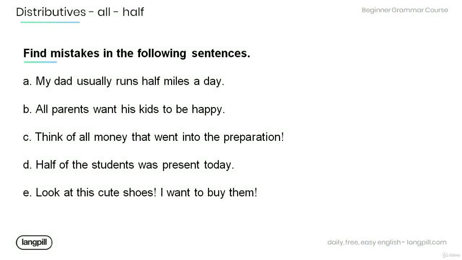Now time for you to practice on your own. Read the following sentences and find mistakes. A. My dad usually runs half miles a day. B. All parents want his kids to be happy.